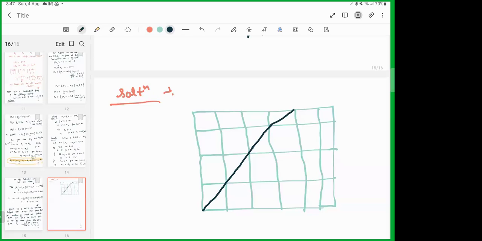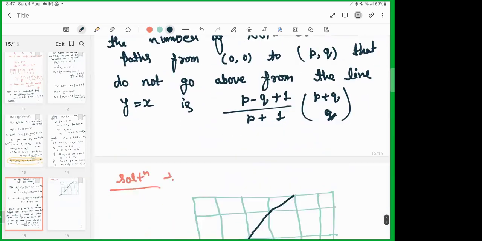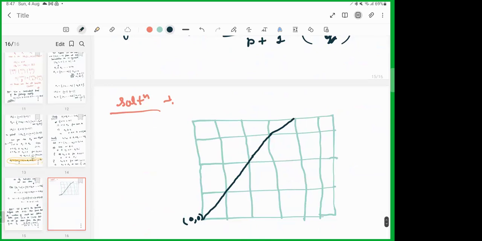This is the p equals q line, and p is greater than q. Some graph like this, some lattice like this. Here you have 0, 0. This is your q, q. This is your p, q.